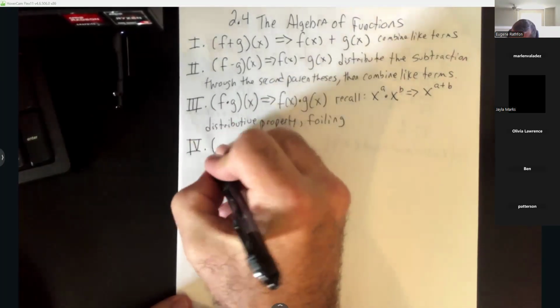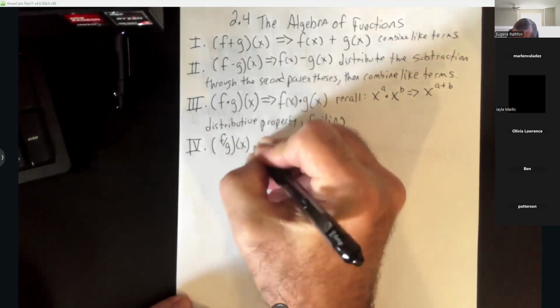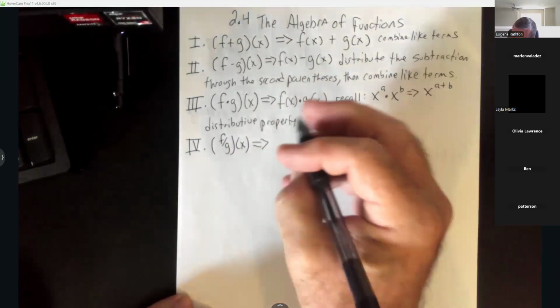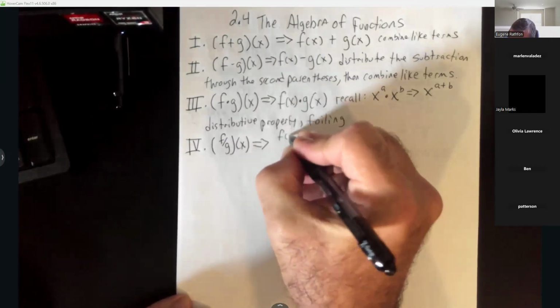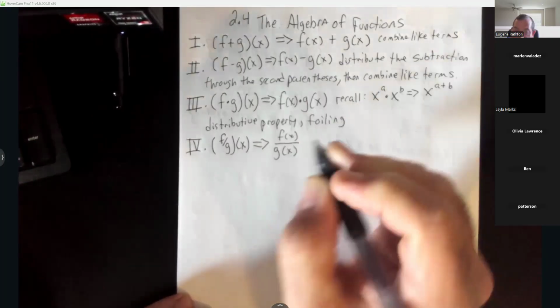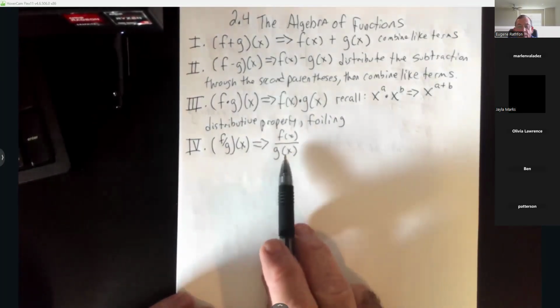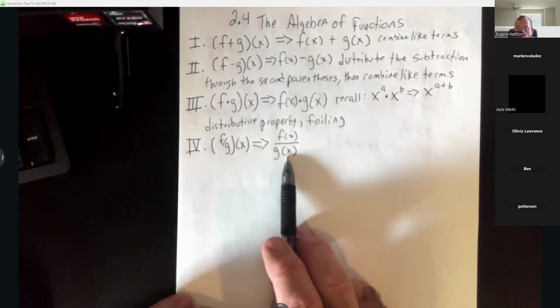And then we got f divided by g of x. That's going to be your f of x divided by your g of x. So since we learned domain stuff, what can g of x not equal?